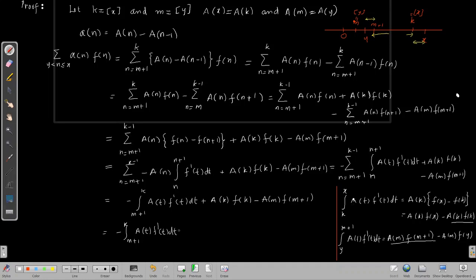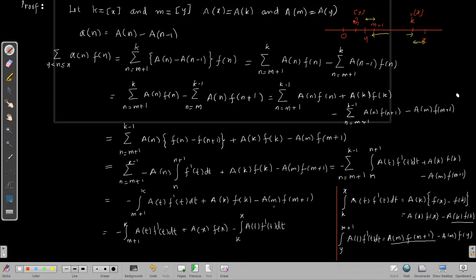So we write it as plus a of k f of x. A of k is the same as a of x, so you write this as a of x f of x minus this integral, minus k to x of a of t f dash t dt.